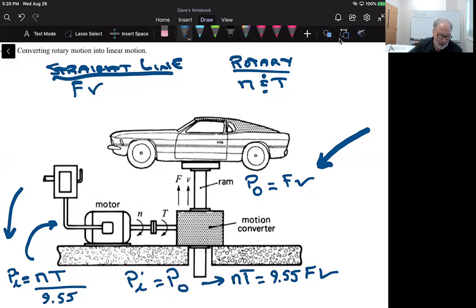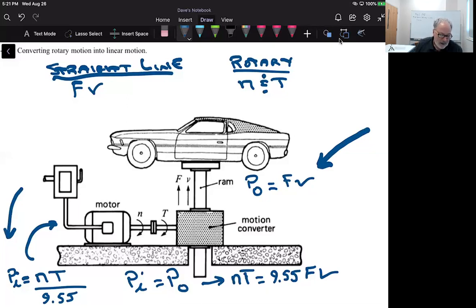Now, we can write an equivalence here. Let's say that this motion conversion has no losses. It is 100% able to transfer the motor power to the hydraulic lift and raise this car.